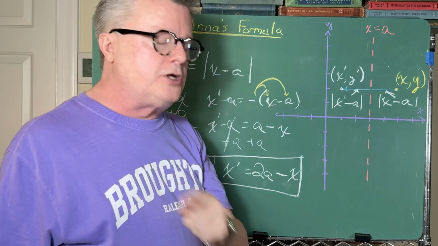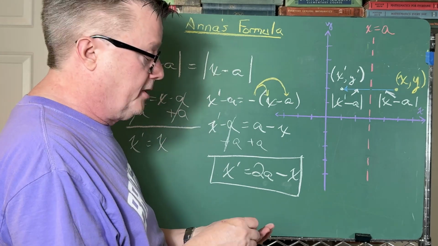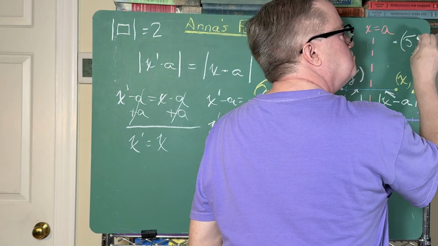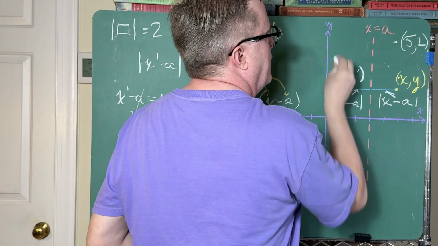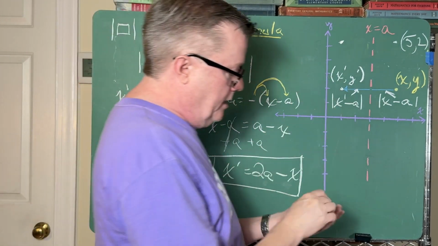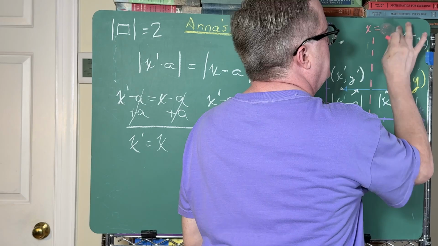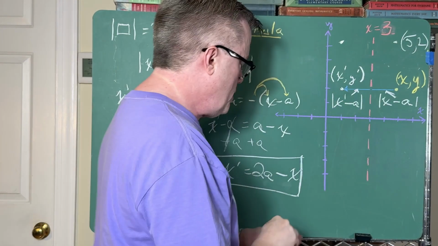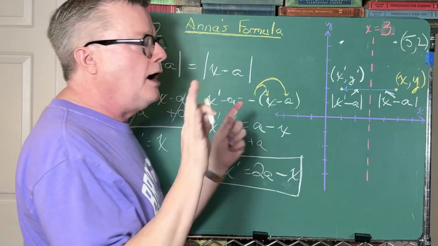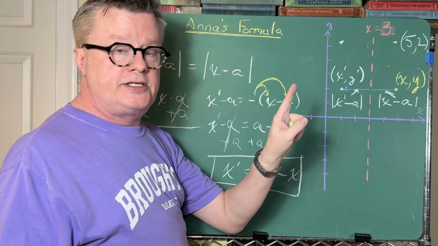Let's see if it worked on the problem we did originally. We had a point at 5, 2, and we had to see what its image was going to be. And we had a line at x equals 3. According to this formula, I can get the new x coordinate. I don't care about the y coordinate, it's going to stay the same.